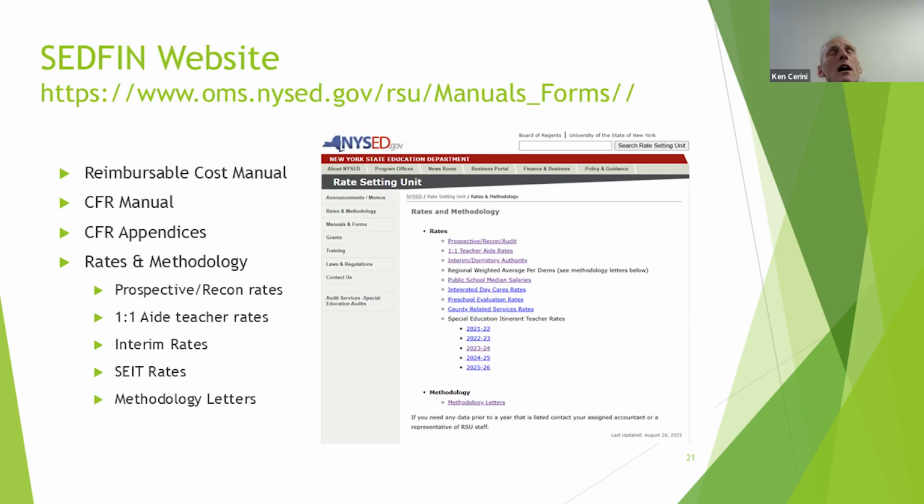Before I get into the SEDFIN website, I mentioned something before about the 1% corridor. I do want to spend a couple seconds talking about the 1% corridor. SED allows that when you do your reconciliation, if you're within 1% of the published rate, above or below, so let's say your published rate is $250, 1% of $250 is $2.50.